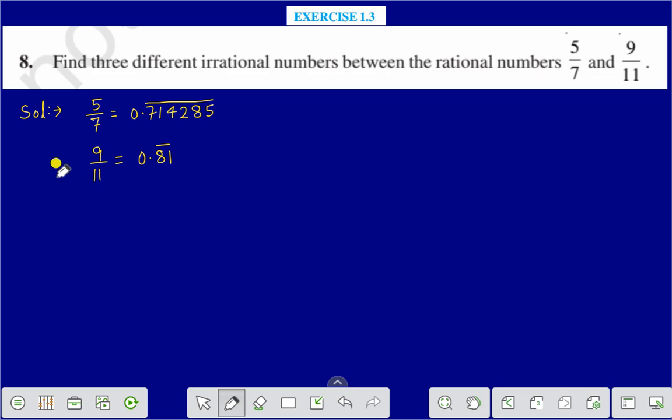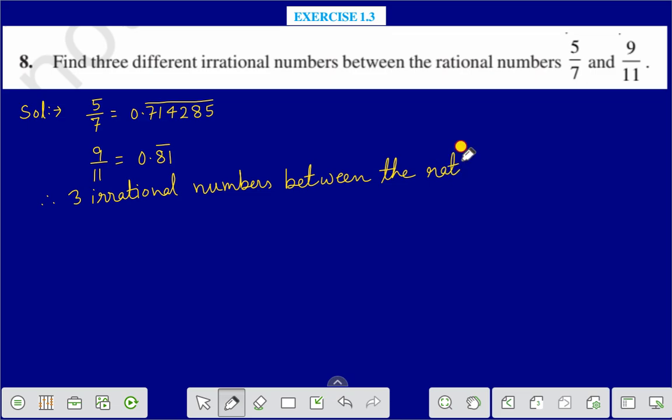Therefore, you have to find three irrational numbers between the rational numbers 5 by 7 and 9 by 11.